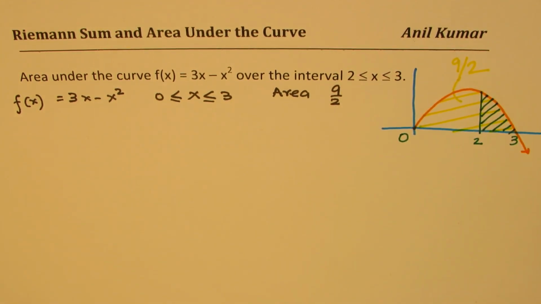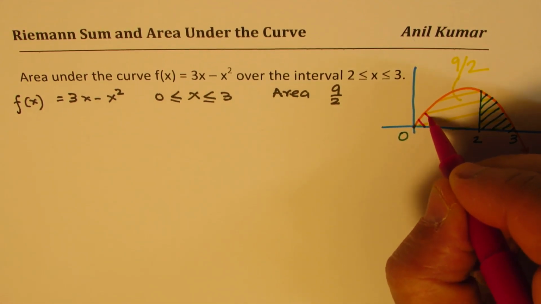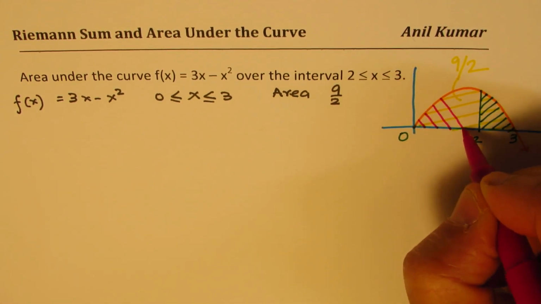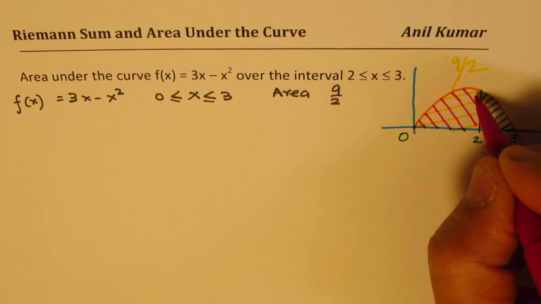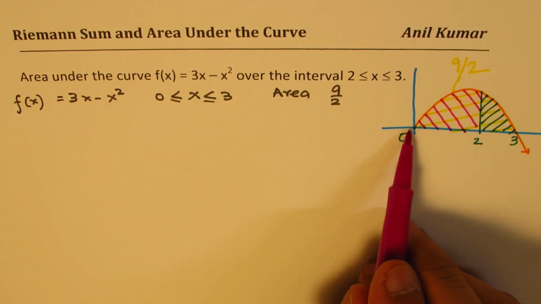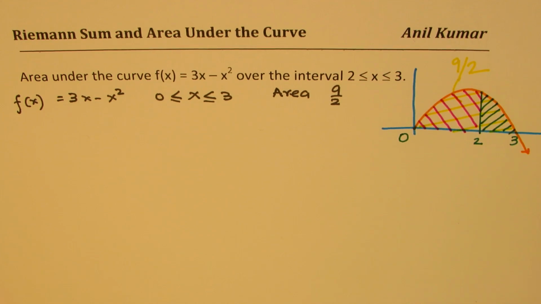Correct. Now what we are going to do is apply the strategy and find the area from 0 to 2. So we'll find this particular area. The idea is to take away from the whole the area from 0 to 2. Perfect.